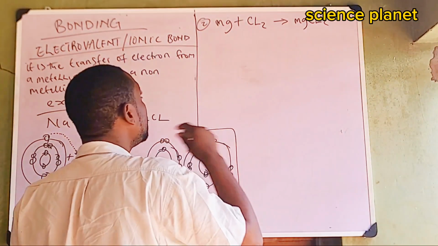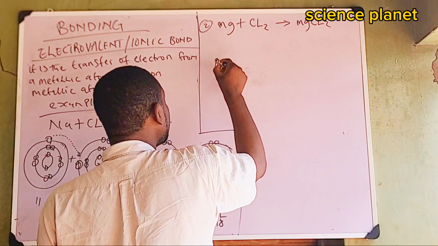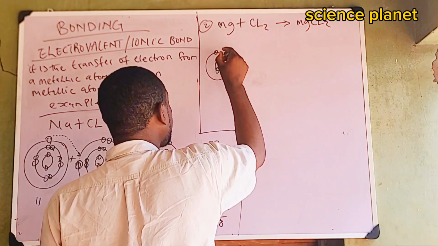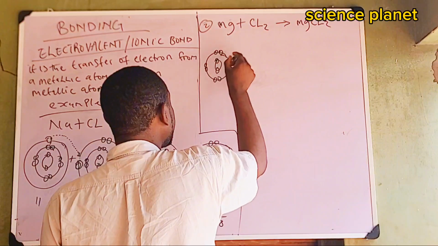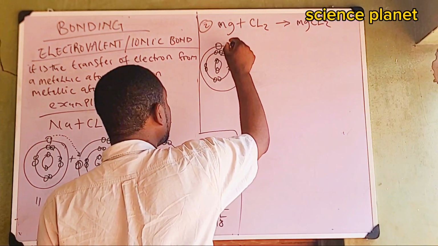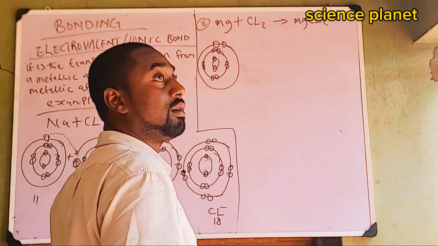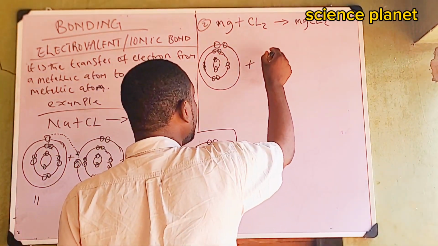In this case, we are looking at magnesium, having 2 valence electrons, plus you have chlorine.